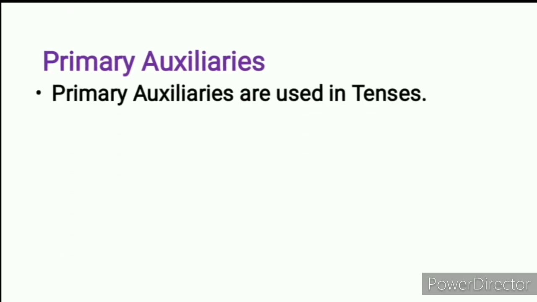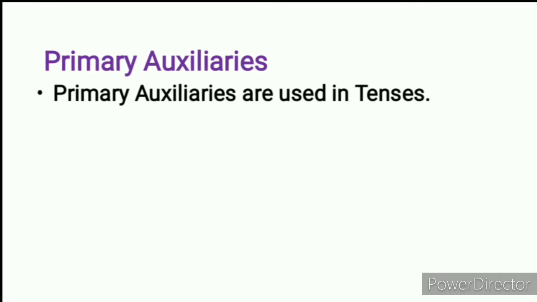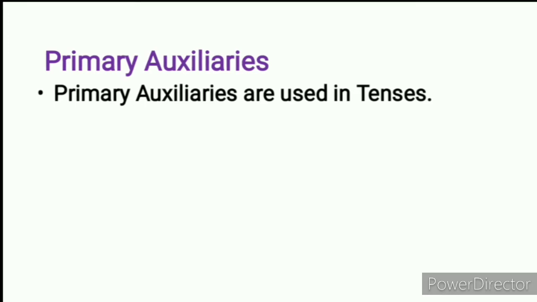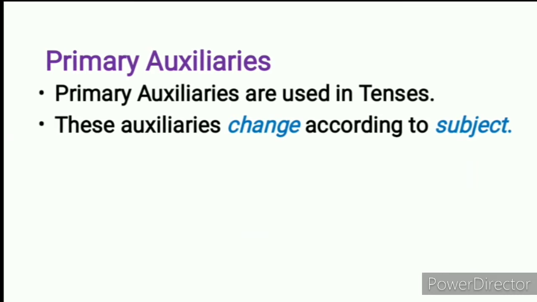Friends, first of all, let us discuss the primary auxiliaries. Primary auxiliaries are used in tenses. When we learned the tenses in the tense series, at that time we discussed the various helping verbs, and these helping verbs change according to the number of a subject.